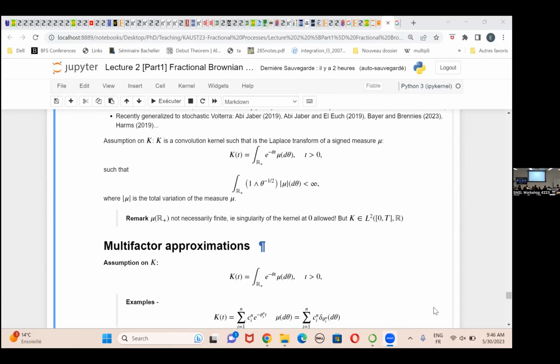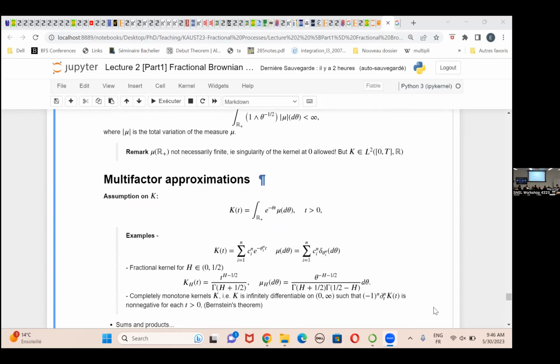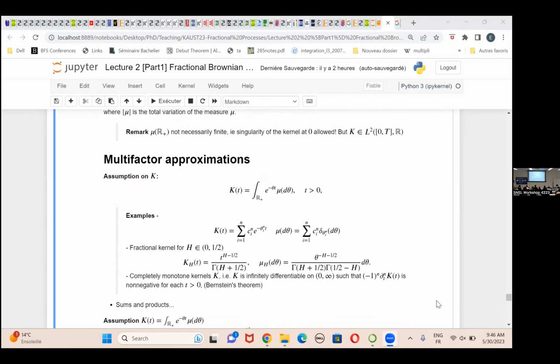And actually, this representation is valid for a large class of kernels. Let's look at some examples. If you take one exponential or a sum of exponentials, this already satisfies this relation, where you take mu to be a sum of weighted Diracs at some specific theta_i, which gives you the sum of exponential kernels.